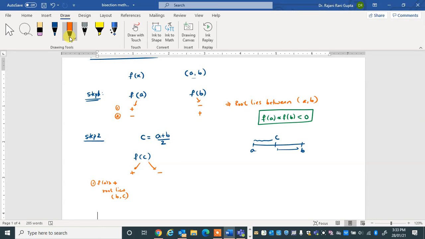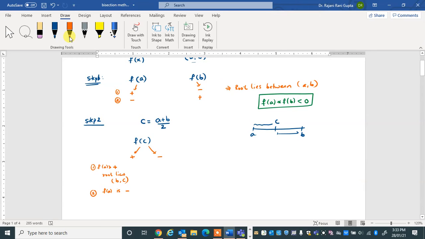Similarly, in the second case, suppose f(a) is negative and the value of f(c) is positive. So there is a change in sign. Remember, when f(a) is negative, f(b) is positive, so f(c) and f(b) are of the same sign.